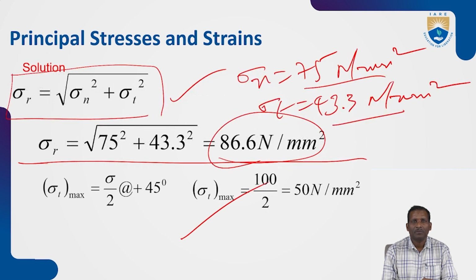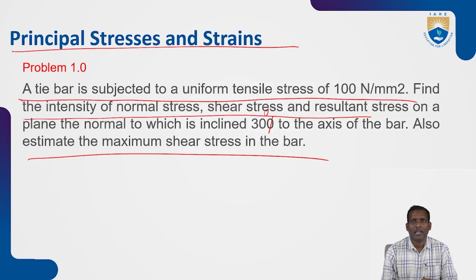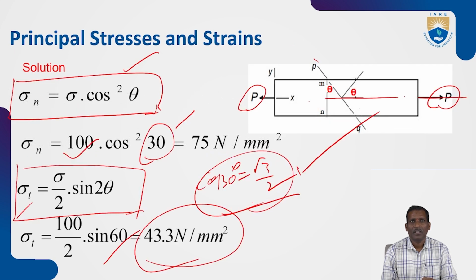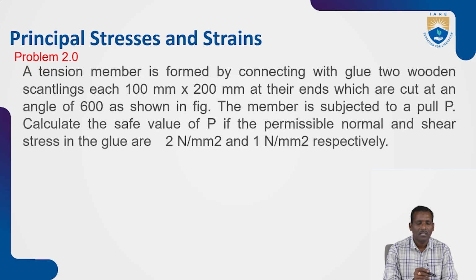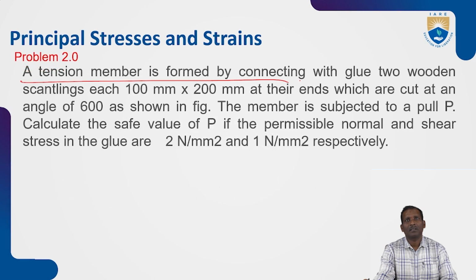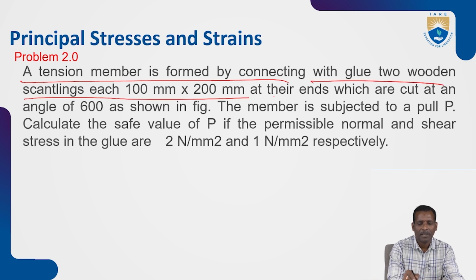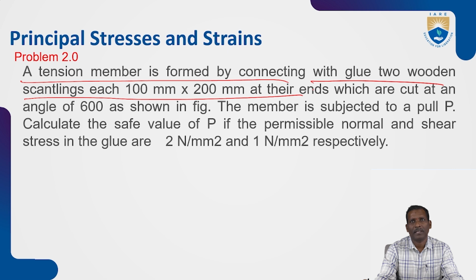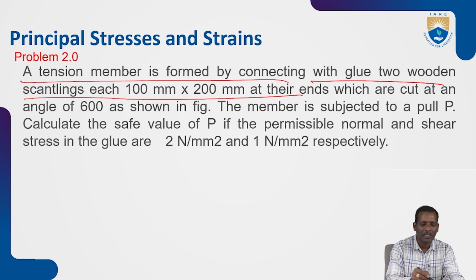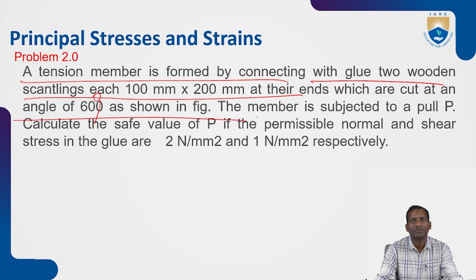Next problem. In the first problem we calculated directly by using formulas. In the second problem, a tension member is formed by connecting with glue two wooden scantlings, each 100 mm by 200 mm, at their ends, which are cut at an angle of 60 degrees, as shown in the figure. I will show you that diagram.